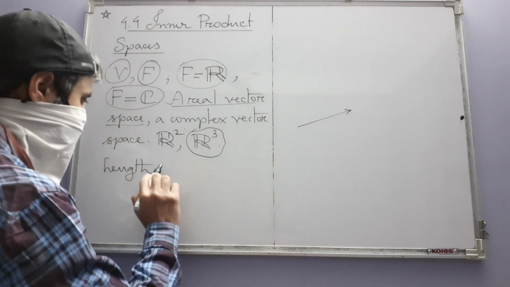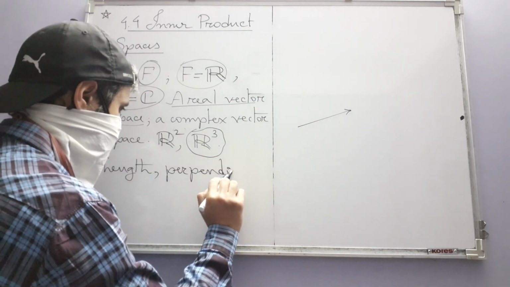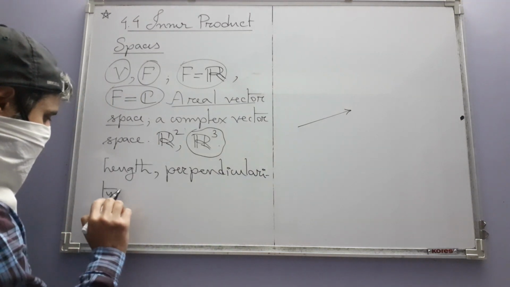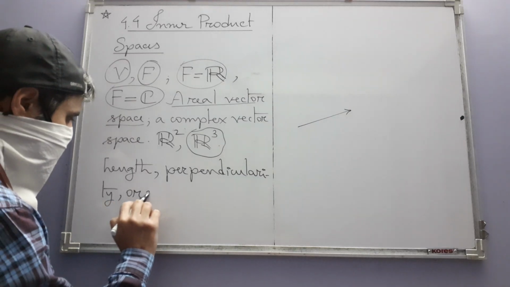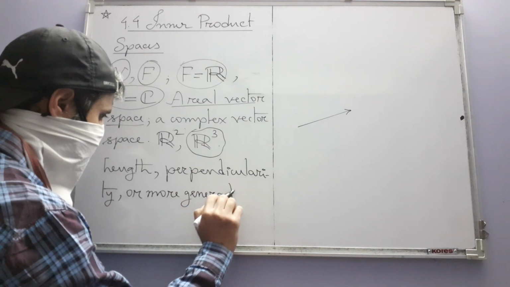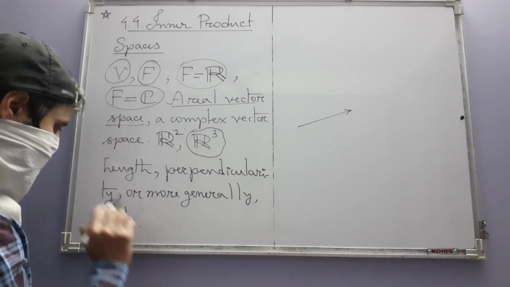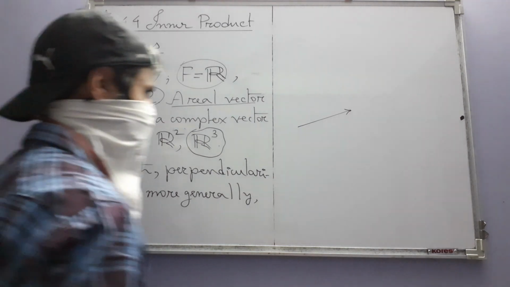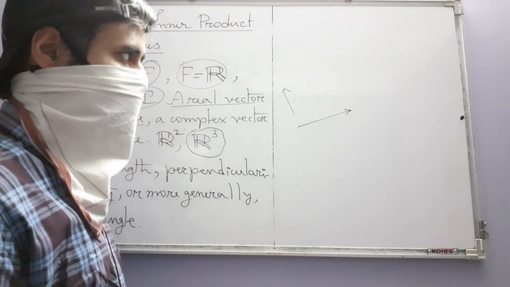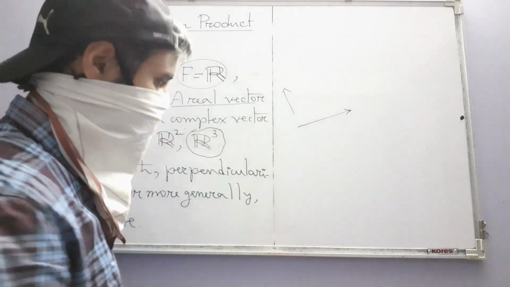And the other notion is perpendicularity, or more generally the notion of angle. That is, we can talk about two vectors being perpendicular to each other, or in general we can talk about the angle between them.